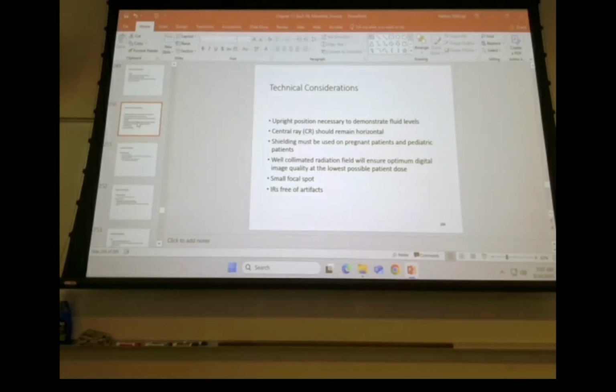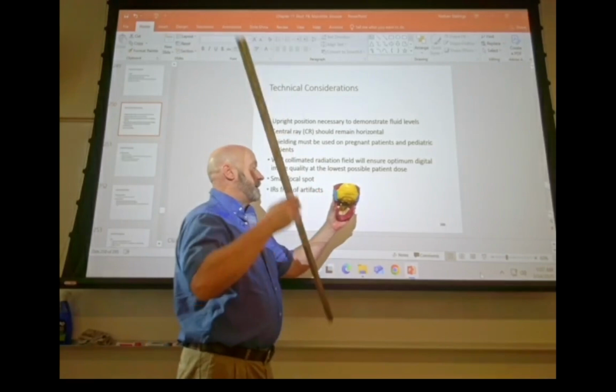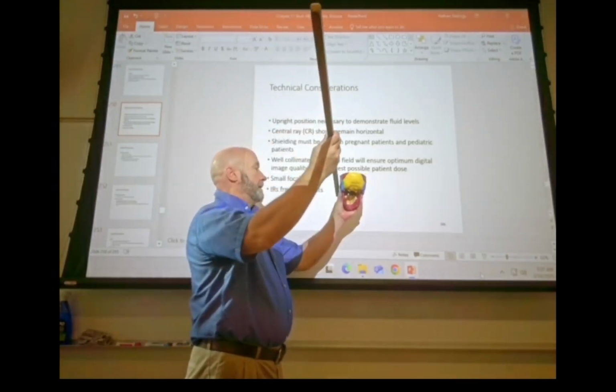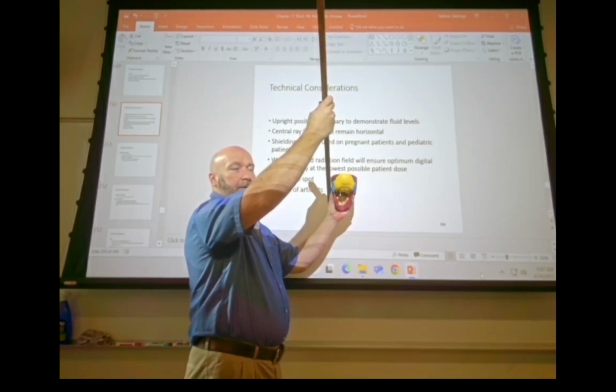So one of the views of the sinuses, though, is Caldwell. What do we do with Caldwell? Angled central ray 15 degrees caudally, right? We put the orbital meatal line perpendicular, and then we angle our central ray 15 degrees caudad.